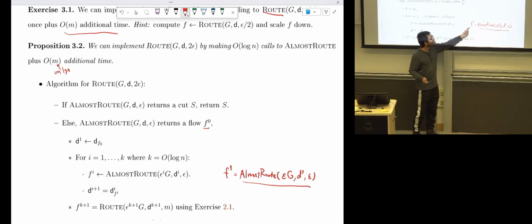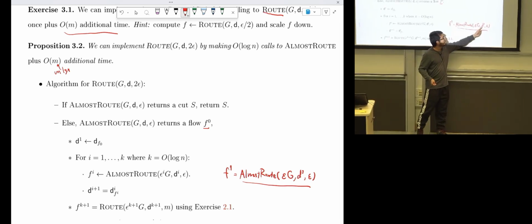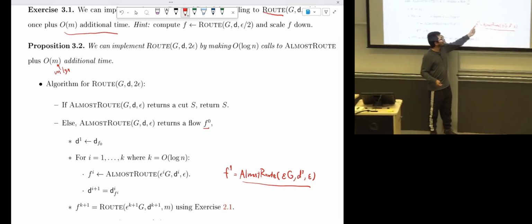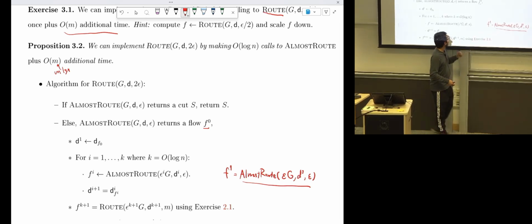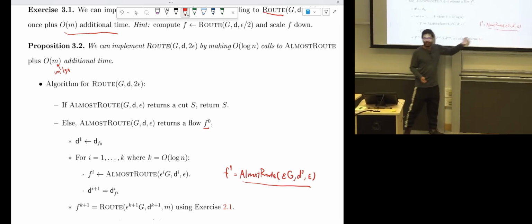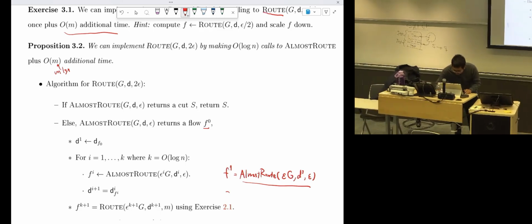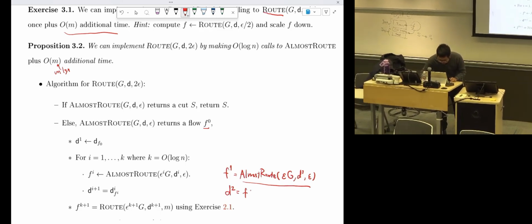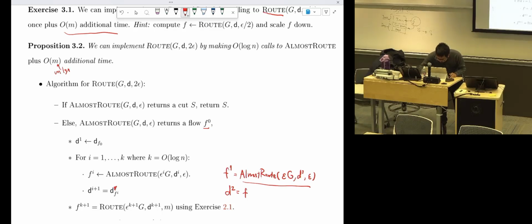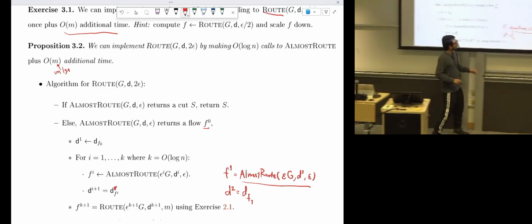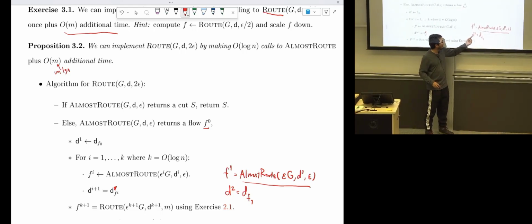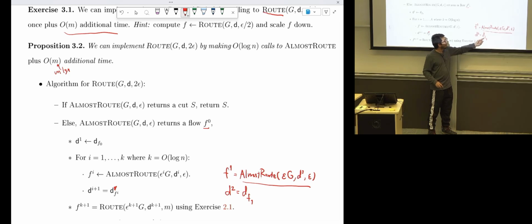So you try to route this residual demand D1 using this flow. You get F1, and then you define D2 to be the residual demand of F1. What do we know about this? This demand is routable with congestion epsilon in which graph?